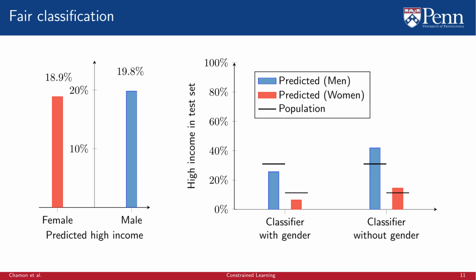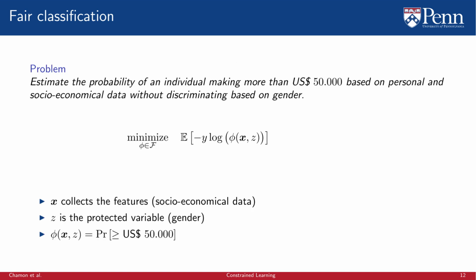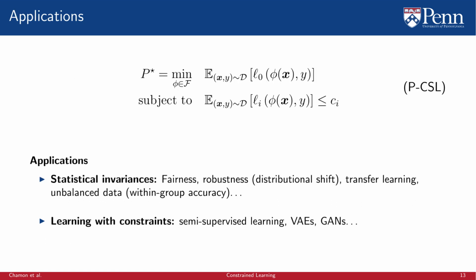So if we want to train a classifier that is agnostic to gender, we have to constrain that its output be similar whether the individual be a man or a woman. Obviously, fairness is not the only type of statistical invariance that we can impose using constrained learning. We can also formulate robust learning problems, do explicit transfer learning, deal with unbalanced datasets.